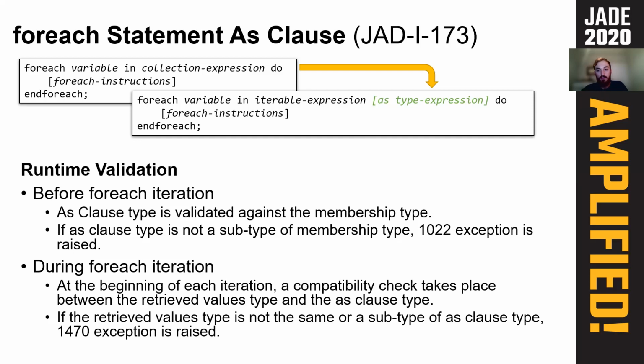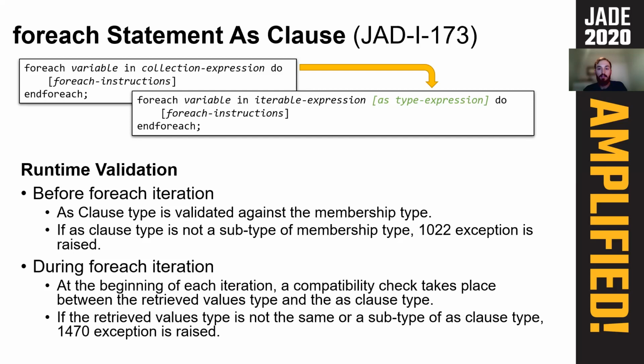And so also at the beginning of each iteration, the retrieved value's type is validated against the as clause type. And if the type retrieved is not the same or a subtype of the as clause, an exception is raised. But if this exception is resumed, the for each statement will move on to the next iteration.